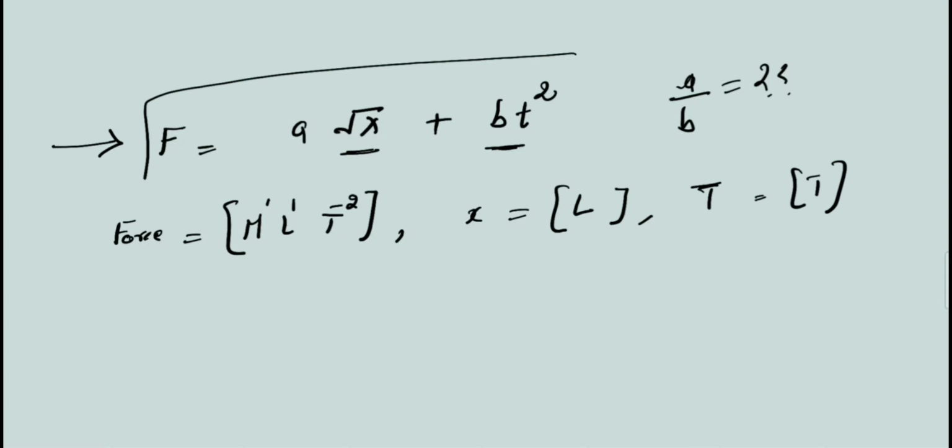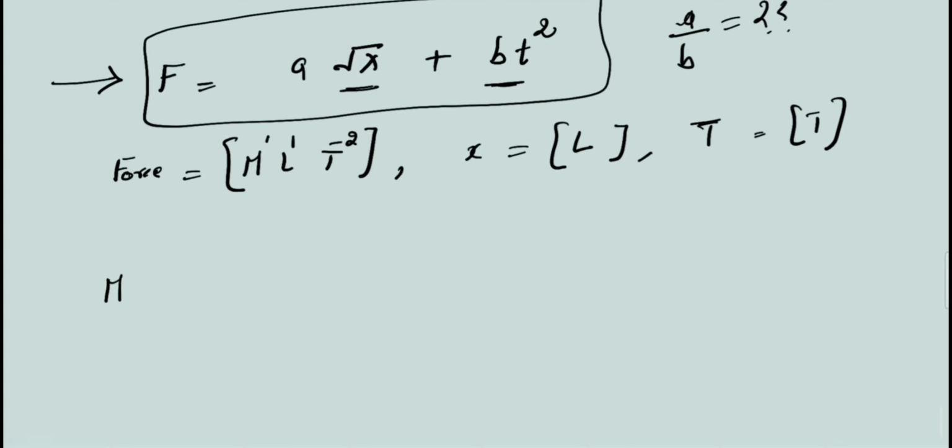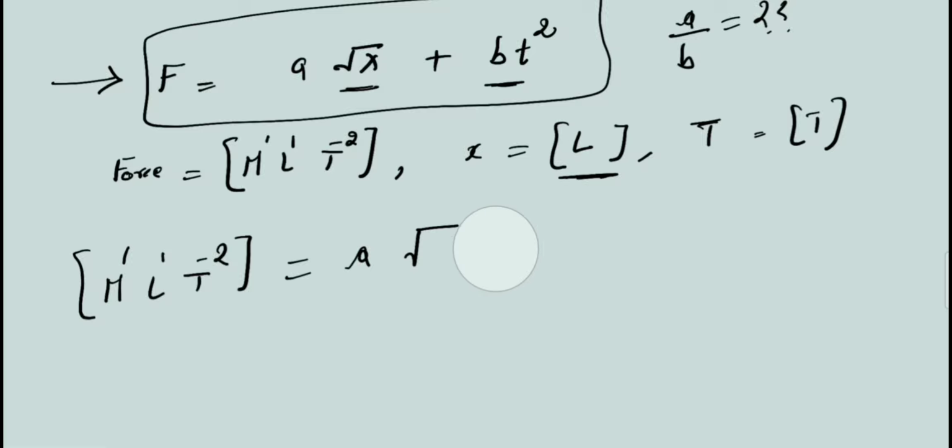Now we'll write the dimensional formula for this relation. So F is the force, which is M1 L1 T raised to power minus 2, equal to a square root of here we have L, so it will become L raised to power 1 by 2, plus b t square.